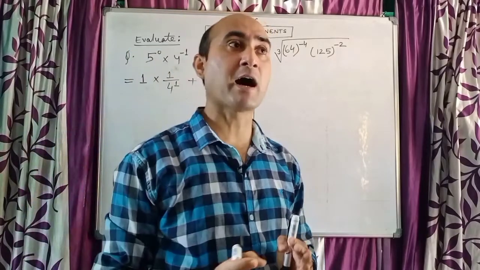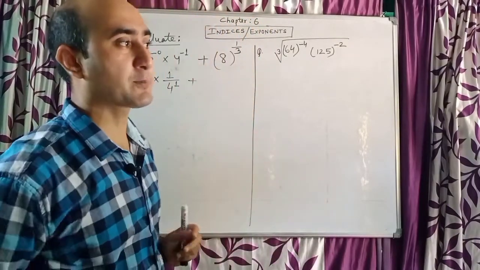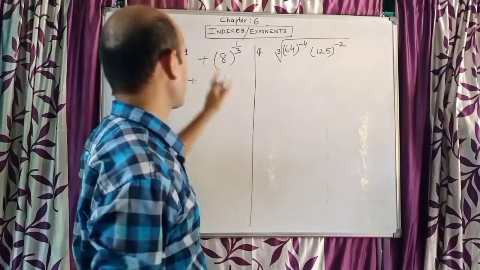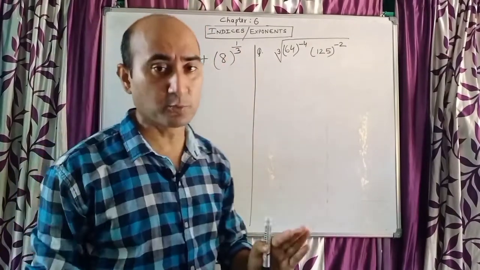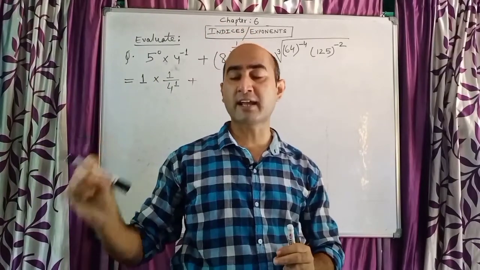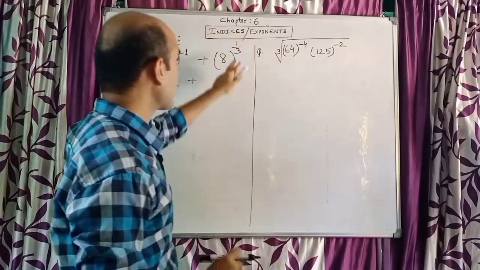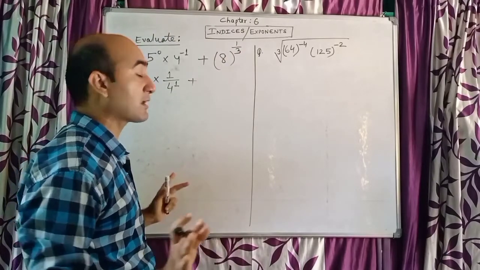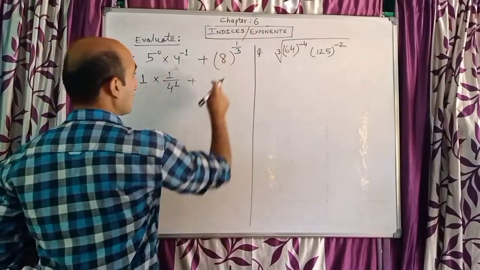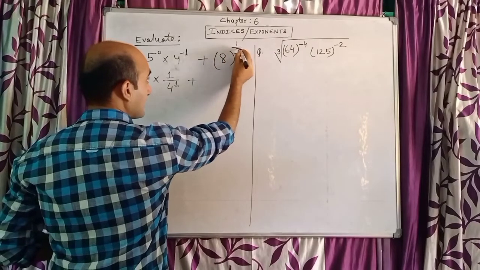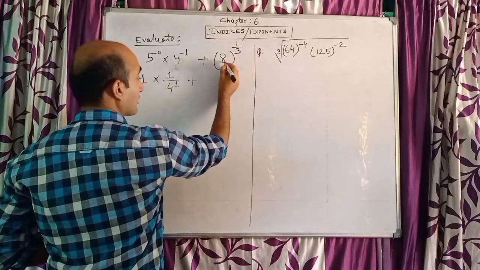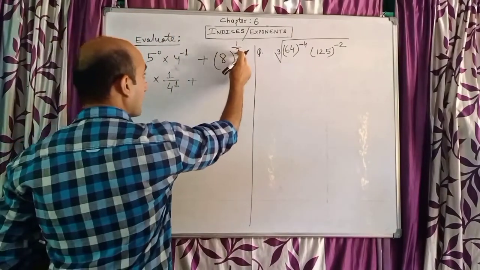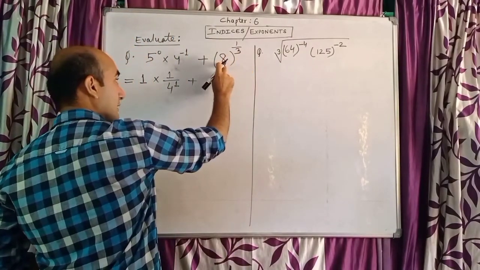When there is a fractional power, there is one technique you have to follow. If it is not a fractional power, suppose it is 8 to the power 3, 8 cube, then you multiply 8 into 8 into 8, 3 times. But when there is a fractional power, you cannot multiply that way because a fraction is a different number. So in this case, you know here you have 3 and you also know that 8 is the cube of 2. So looking at this 3, you decide for this number.